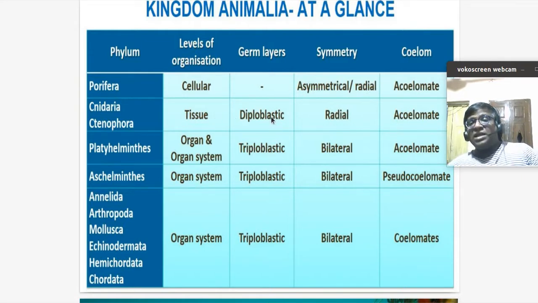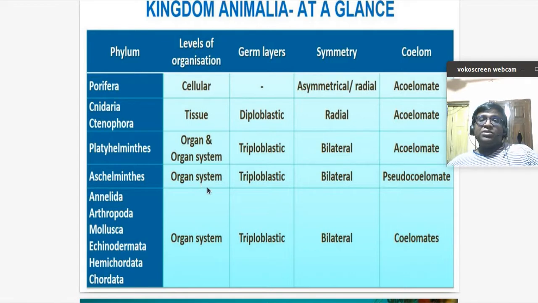They are diploblastic animals, exhibit radial symmetry, and are acoelomate. Platyhelminthes have organ and organ system level of organization. They are triploblastic because they have three germ layers. They exhibit bilateral symmetry because they can be divided into two equal halves in only one plane, and they are acoelomate because they don't have any coelom.